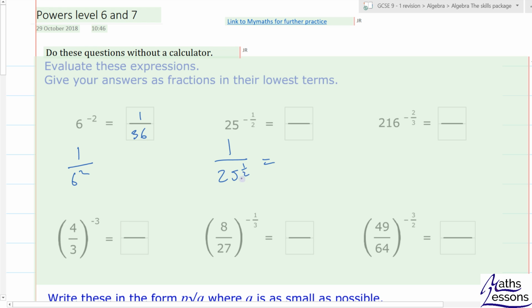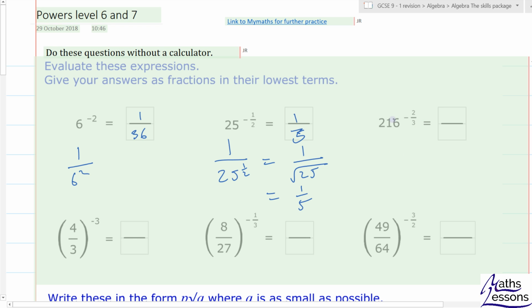And remember, this bottom number means what root we have. We've got the square root. So 25 square rooted, and the 1 is what power you raise the 25 to, so that's just going to be 5.